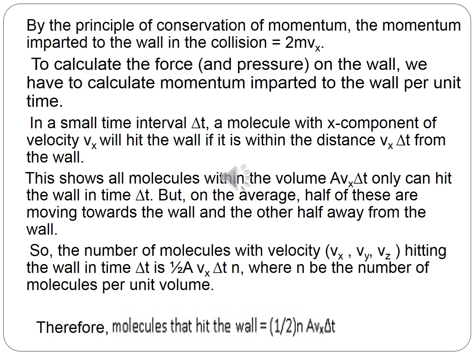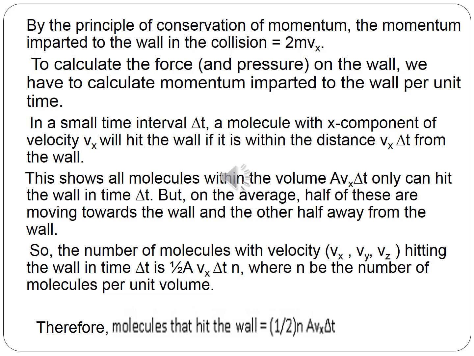But out of these molecules, half are moving towards the wall and the other half away from the wall. Then, what should be the actual number of molecules with velocity Vx, Vy, Vz hitting the wall in time interval delta t?